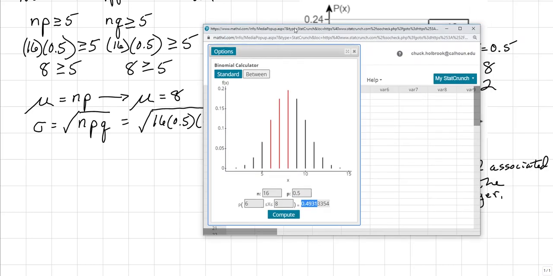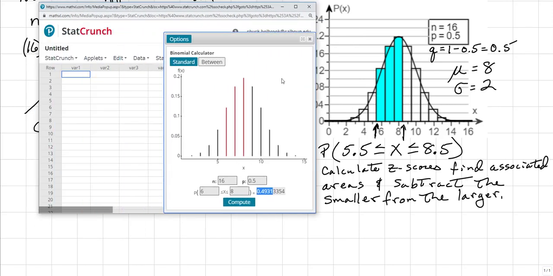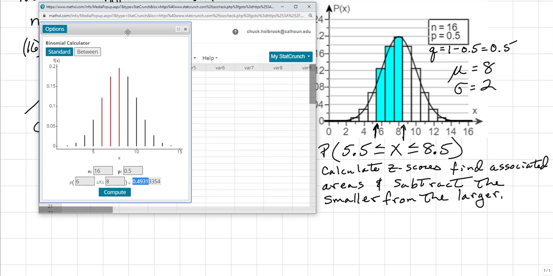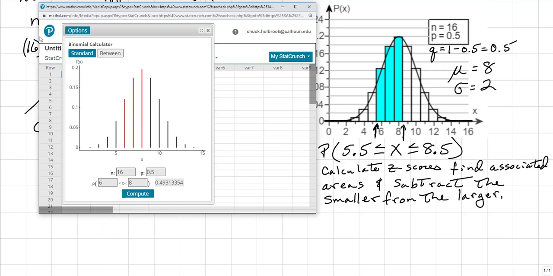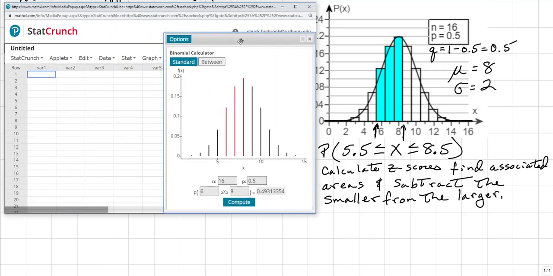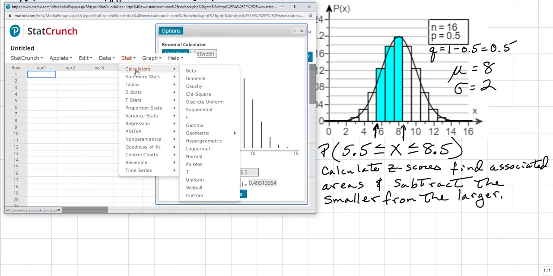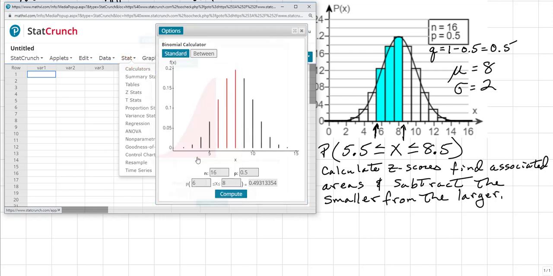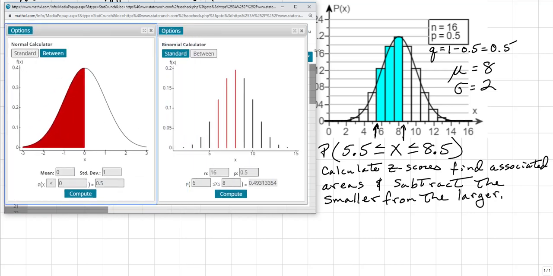So let's go ahead and go back into Statcrunch. Let me make my window a little wider so that I can move this. And once again, I'm going to go to Stat. I'm going to go to Calculators, but in this case, instead of binomial, I'm going to scroll down until I can highlight normal and left click that, and that's going to give me another calculator.